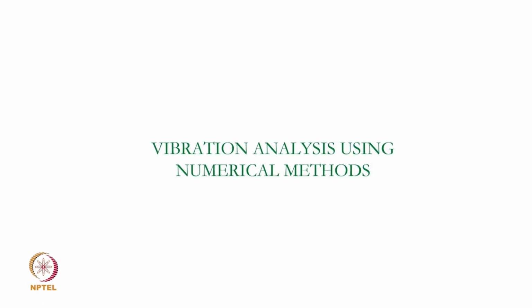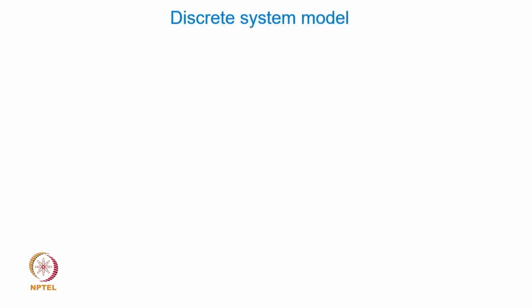So, this numerical method is just another alternate choice that you have, particularly when the system size or its stiffness and mass properties are such that it is better modeled using a specific numerical method.